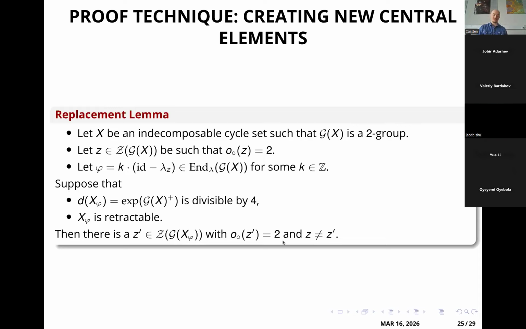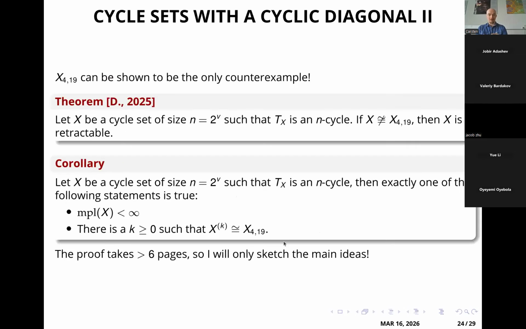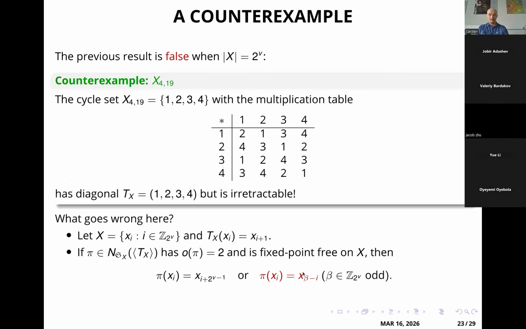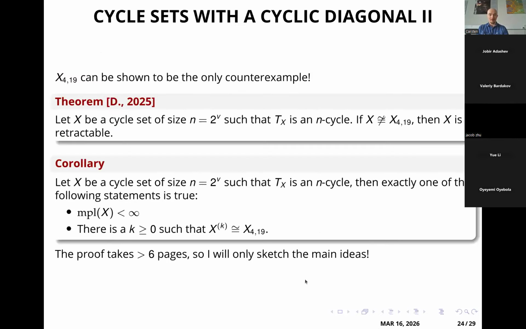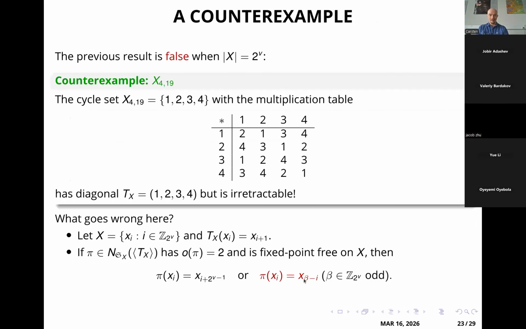This looks quite technical, but the idea is essentially that we exchange a tentative central element of the form given here by another one of the same form which cannot exist, because then we obtain an element that looks like that.